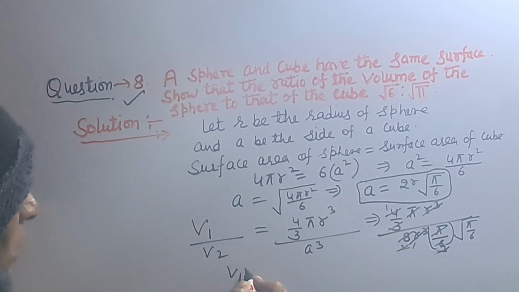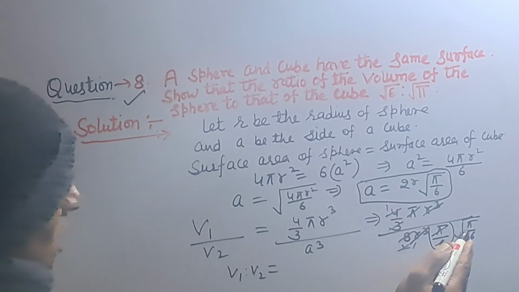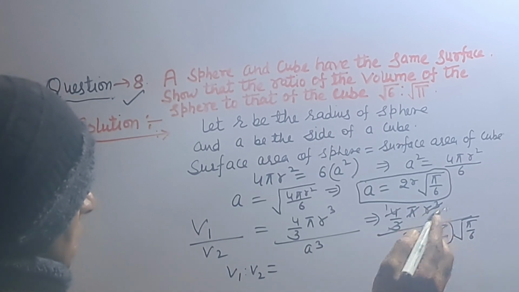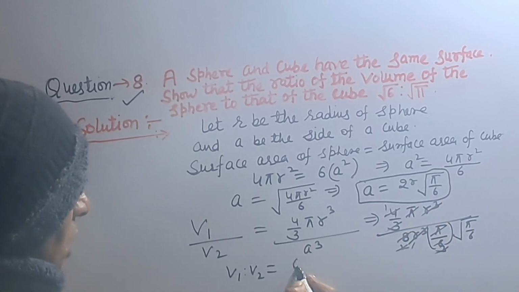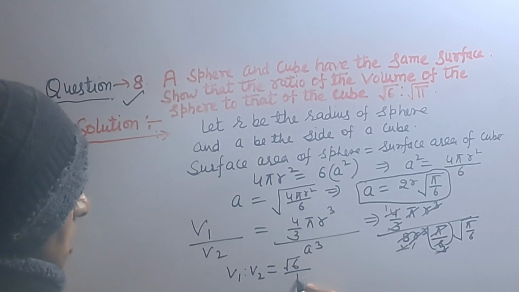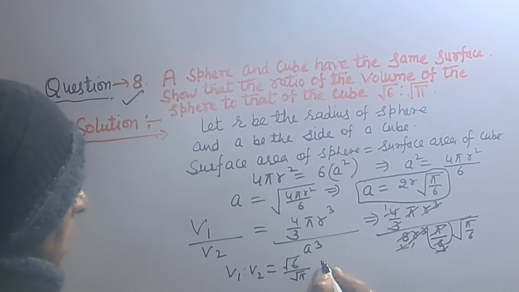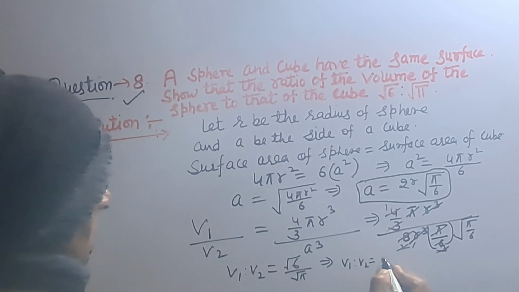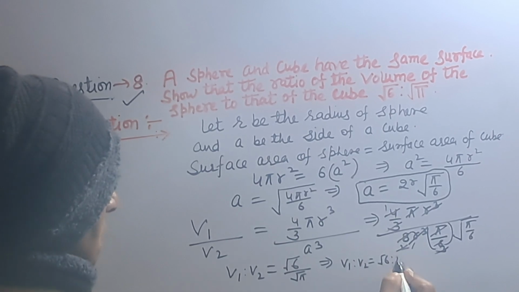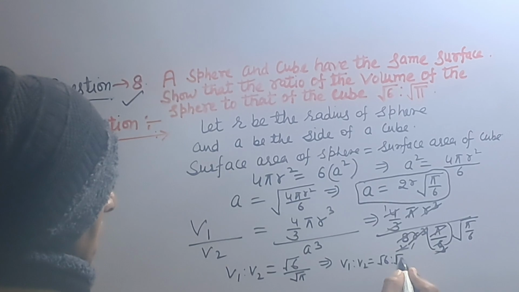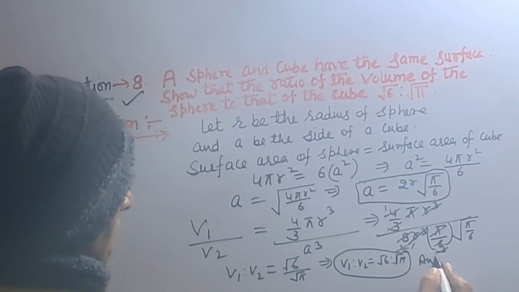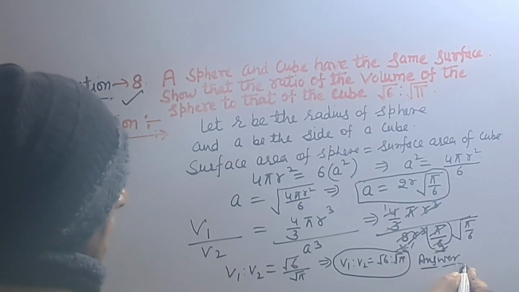So V1 ratio V2 is equal to reciprocal of root pi upon 6. This is cancelled and we get root 6 upon root pi, which implies V1 ratio V2 is equal to root 6 ratio root pi. Answer.